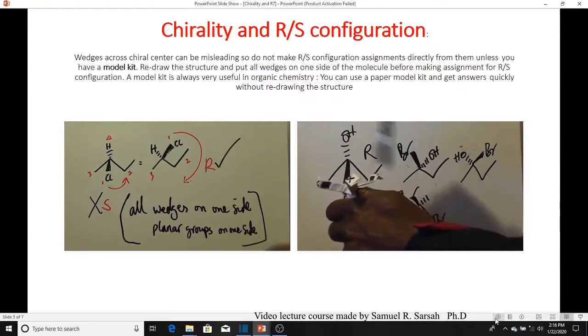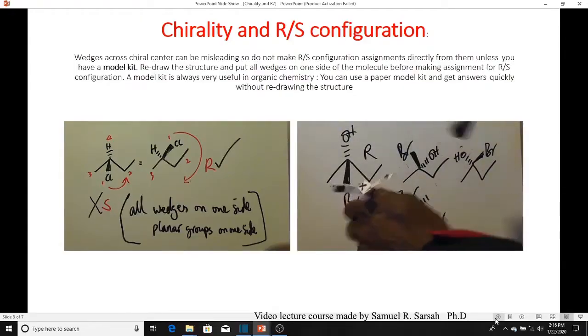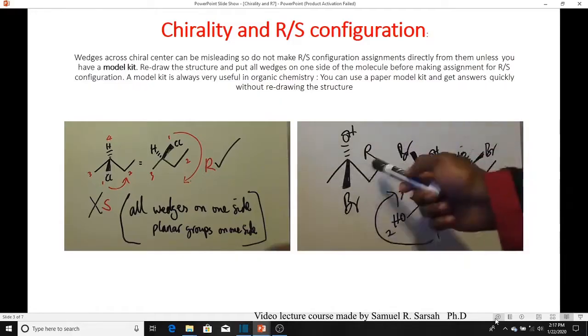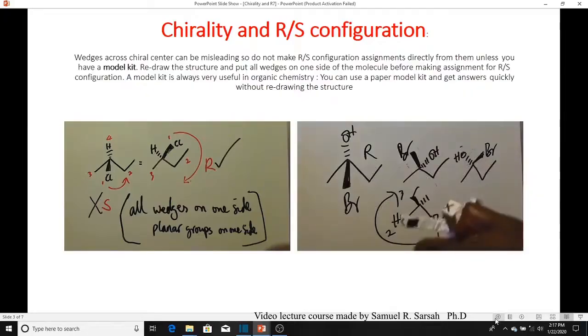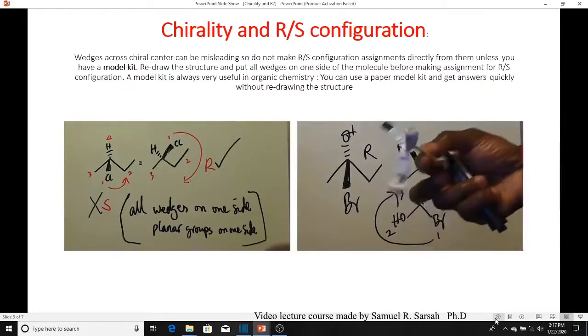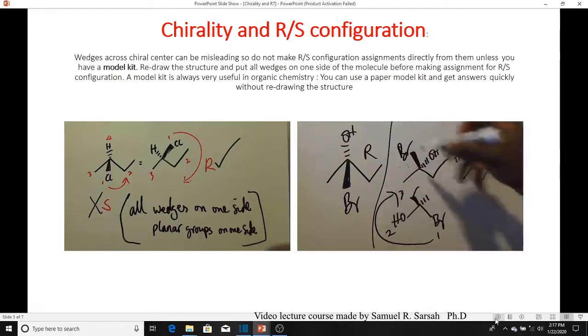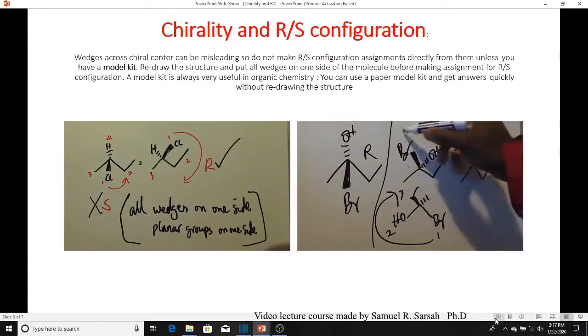That is R configuration. So this helped me to determine the R and S configuration of this. But if I don't have this, I can still redraw it in this form and then put all the wedges on one side.